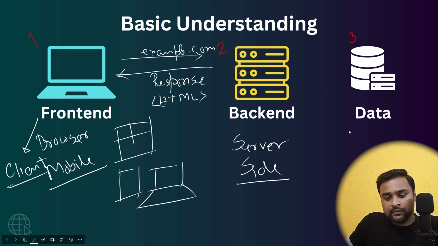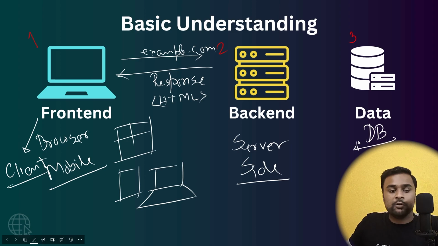Then there comes this data or database. DB is possibly one of the most important aspects of web because of all the data of users or anything. For example, if we talk about Amazon, then users' data like username, their password, then email address or the mobile number, then orders and addresses, all these things are stored in database.